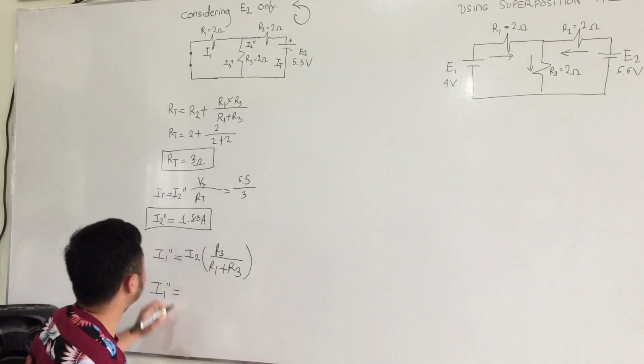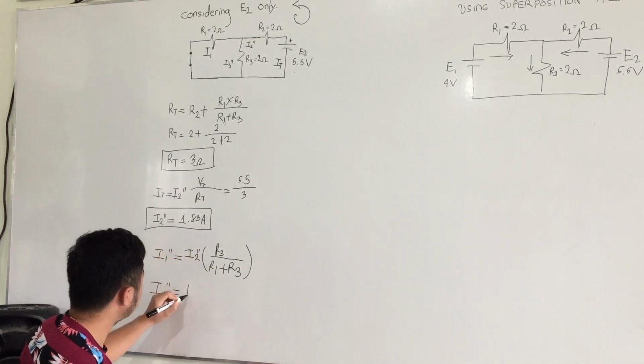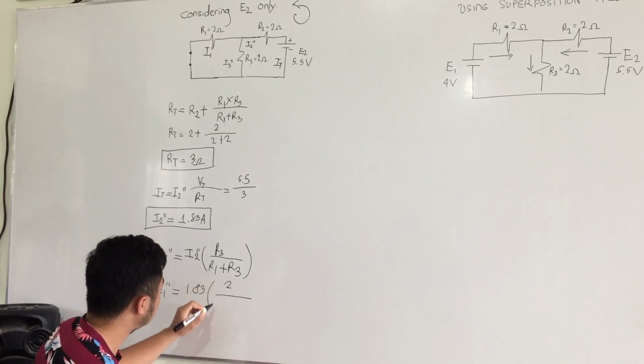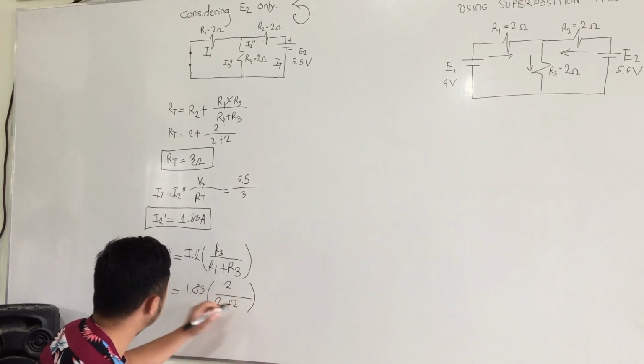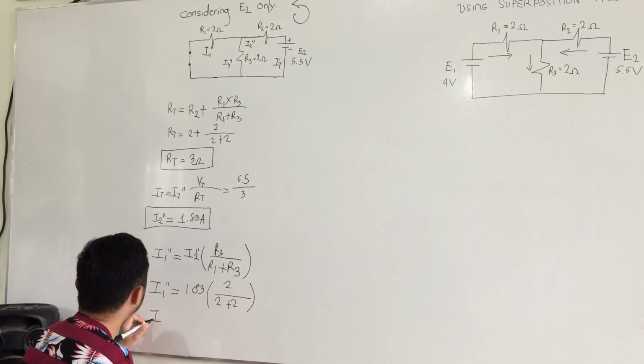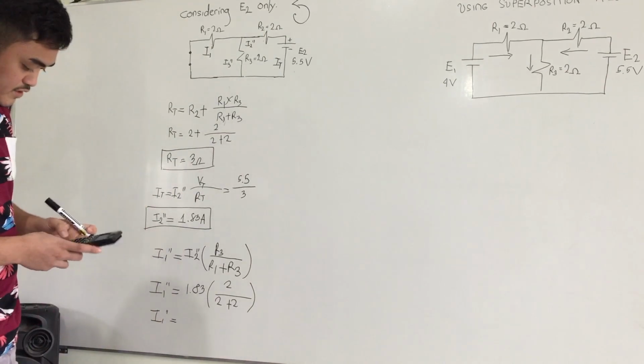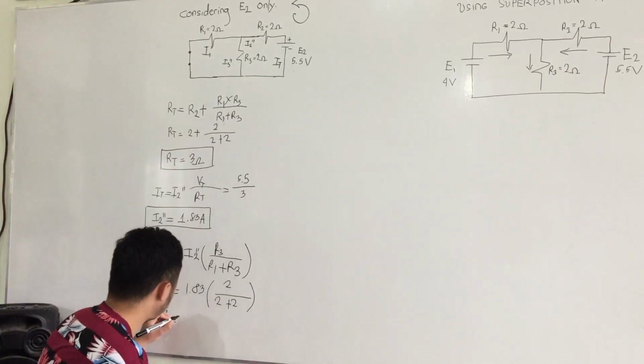So by substitution, our I sub 2 double prime is 1.83 ampere times 2 over by 2 plus 2. So our I sub 1 double prime is 0.92 ampere.